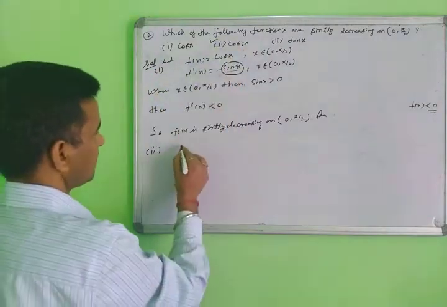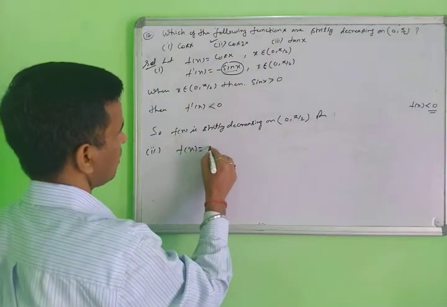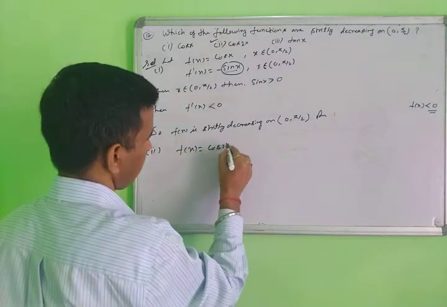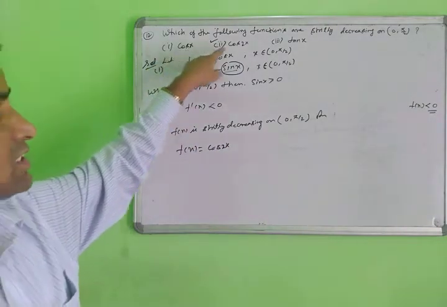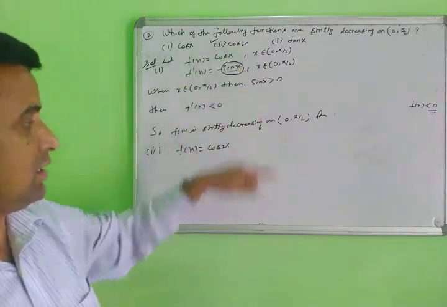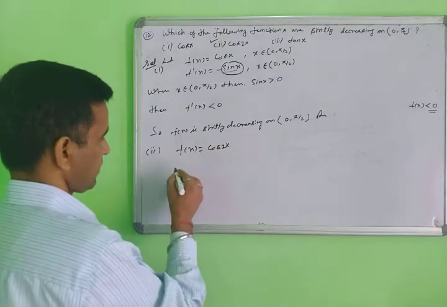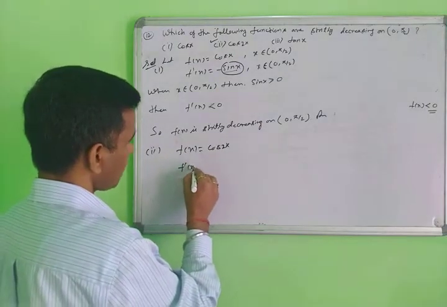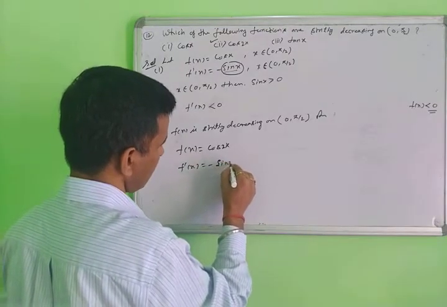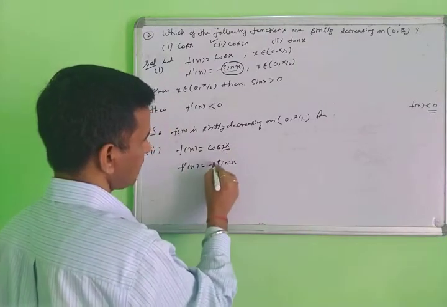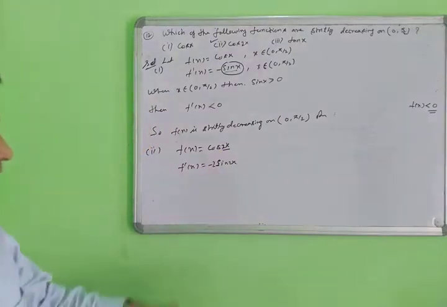Now the second part. Suppose I take f x equal cos 2x. Look very carefully: cos x here, cos 2x. What is the difference? Same thing, f dash x equals minus sin 2x, and again differentiating 2x gives 2, so it becomes minus 2 sin 2x.